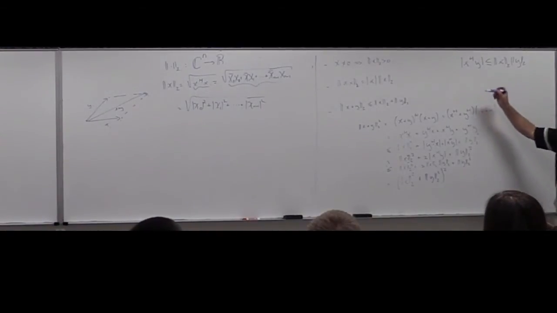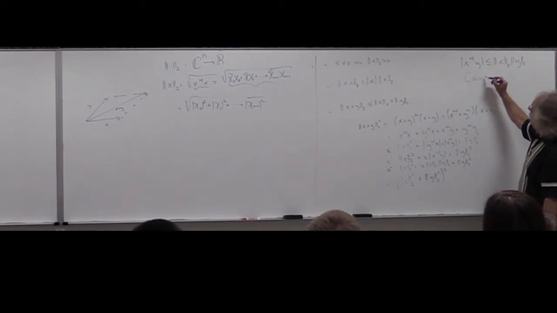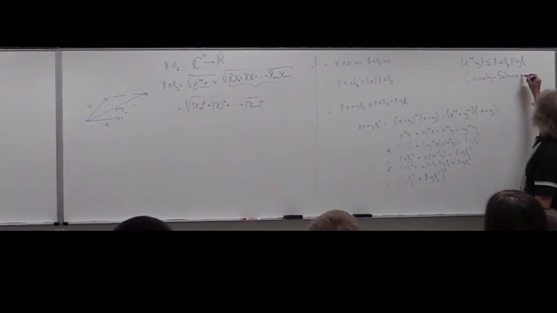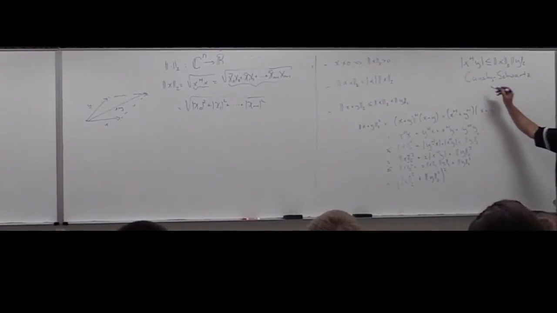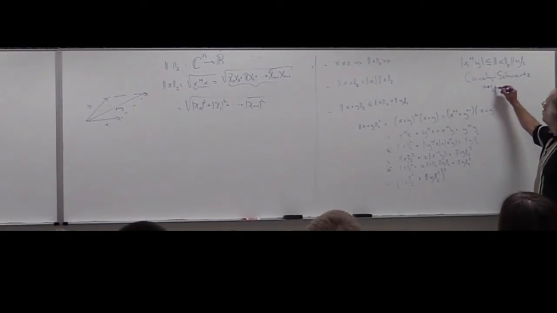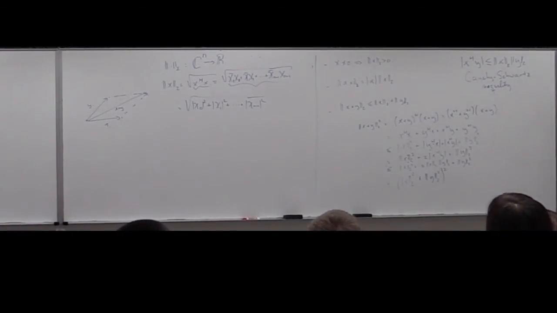So this here is known as the Cauchy-Schwarz inequality, which the mathematicians in the audience may have heard of. And its proof depends on a little trick, and then on another little trick that you have to recognize about complex valued things.